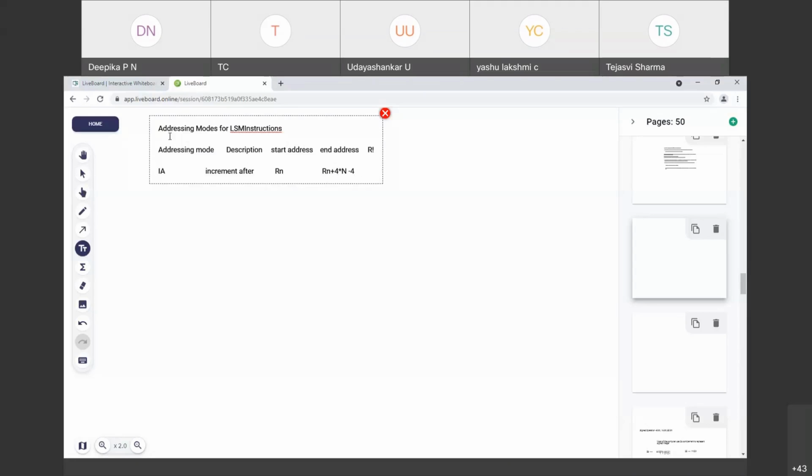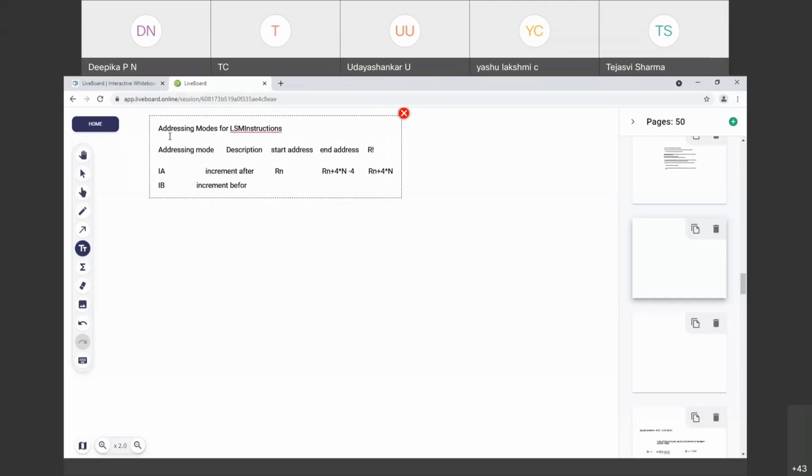If I use the not symbol along with R, it means that R needs to be updated with this particular value, Rn plus 4 star n. So it depends on the value of n chosen. We will come to know when we use an example with a particular value in an instruction, and how a simple program for block transfer can be written using these.